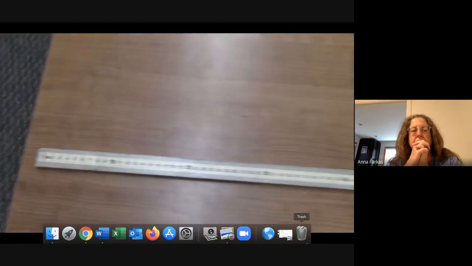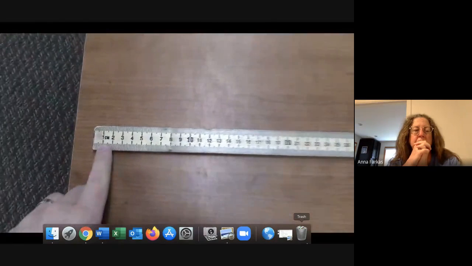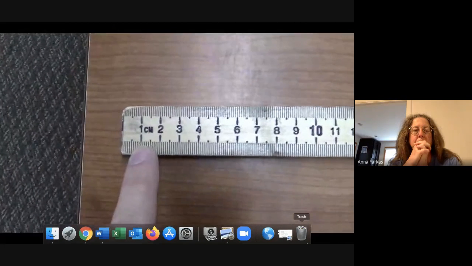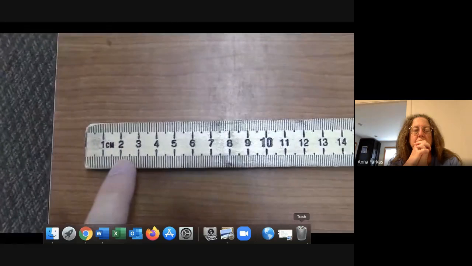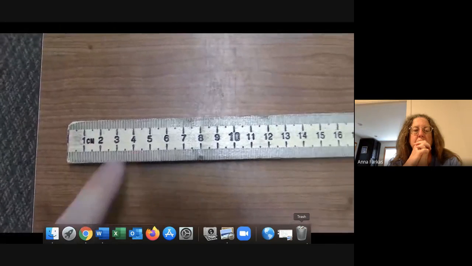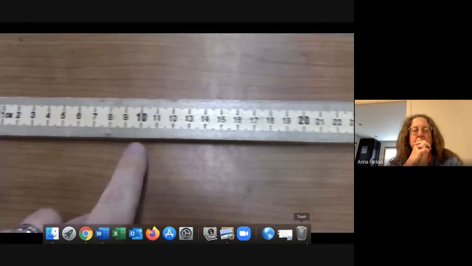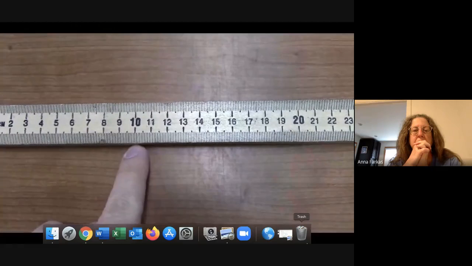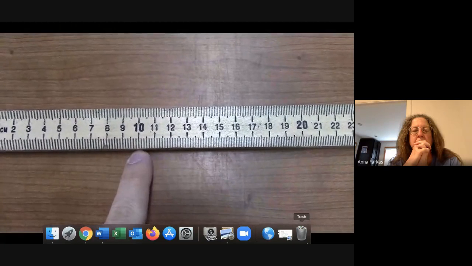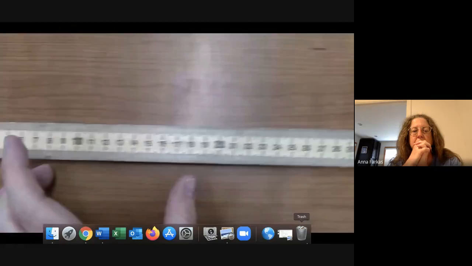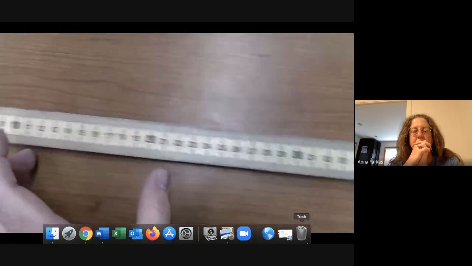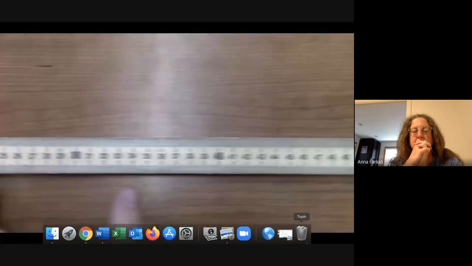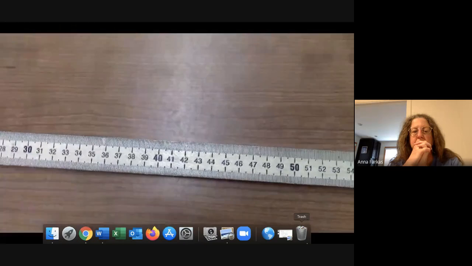And along the meter stick, you'll see right here, we have 1 centimeter, 2 centimeters, 3 centimeters, 4, and so on. Now, every 10 centimeters is a decimeter. That's DM, the abbreviation DM. So that's 1 decimeter, and then 2 decimeters, 3 decimeters, 4 decimeters, and so on.